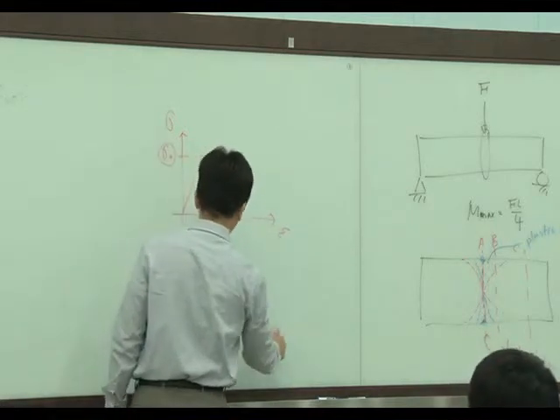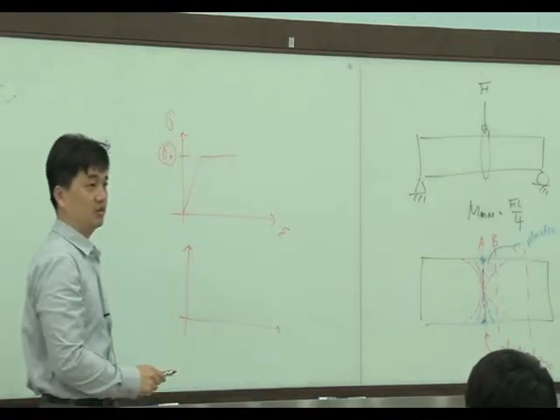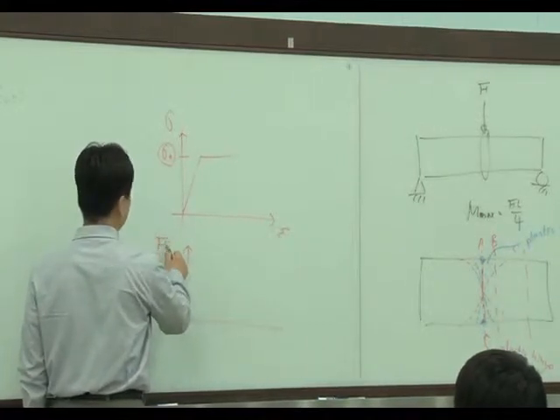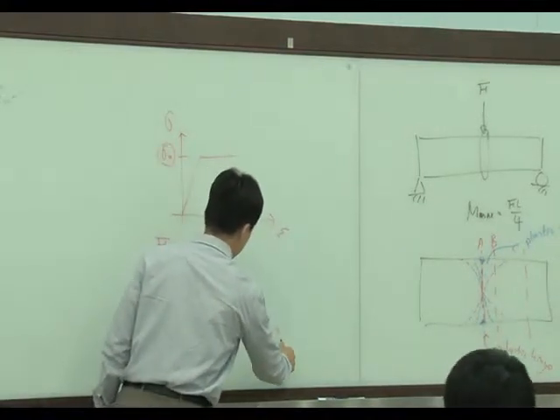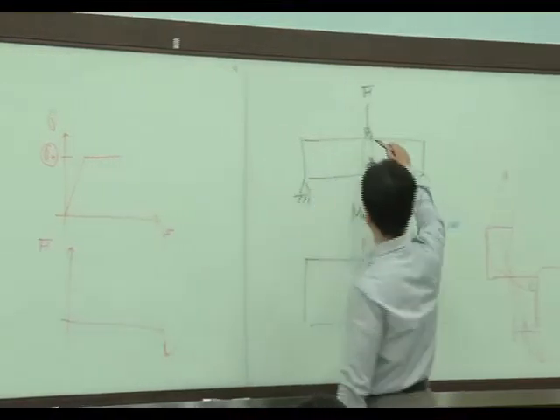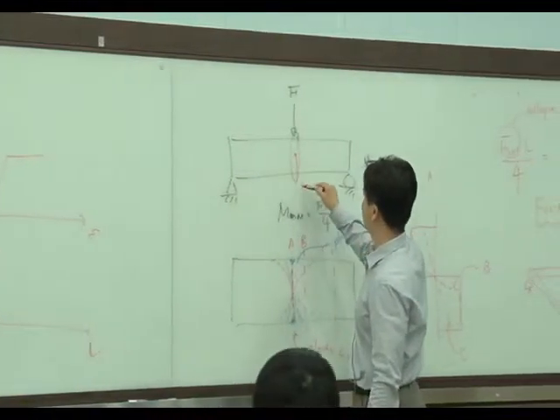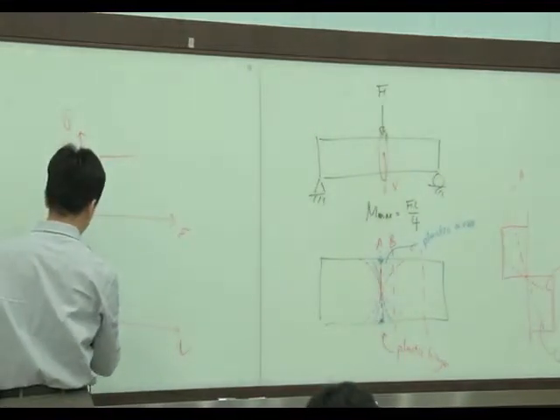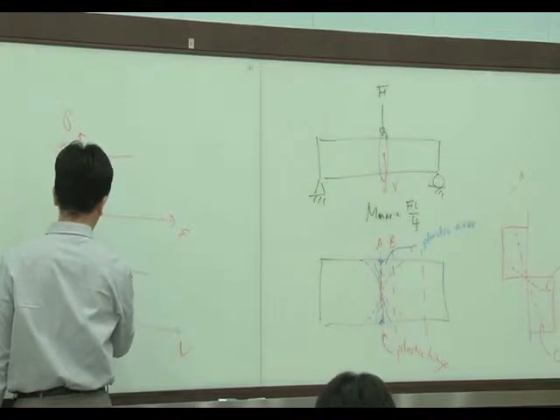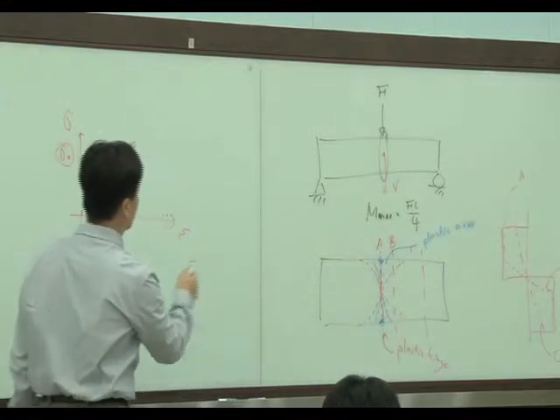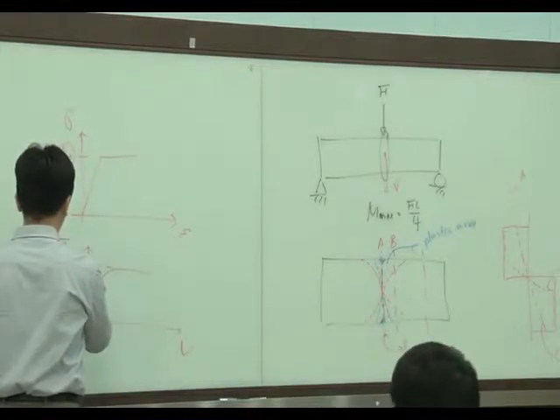But failure of a structure is defined at the force and displacement level. Here, let's say the force is F and displacement is V. Then the force-displacement curve will be like this, and this is the maximum. This is F critical.